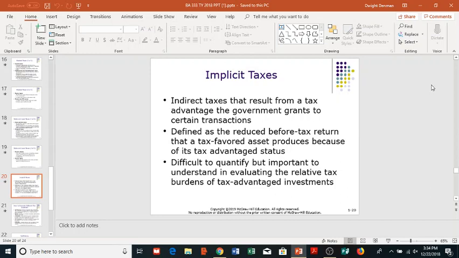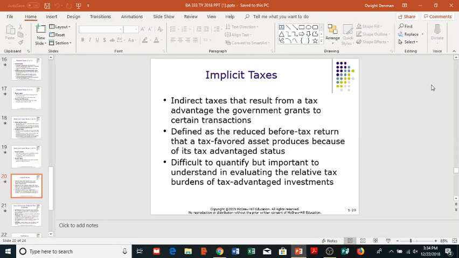But you can still figure it out. I guess the point here is it's implicit in that the government doesn't say, you're going to pay less for this. They just don't tax it.